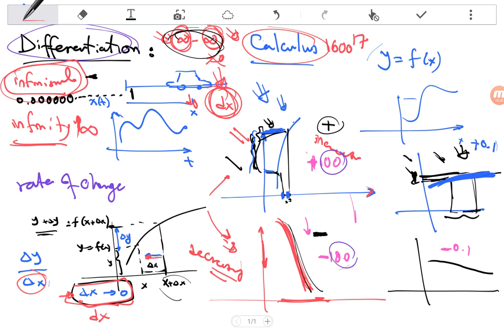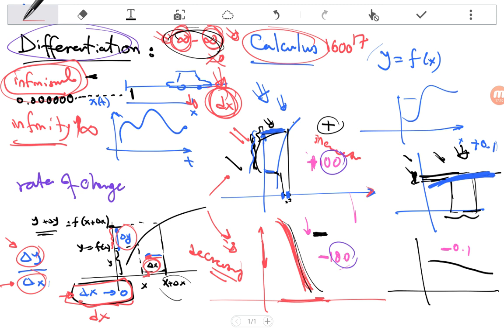So if I consider delta x to be infinitesimal, what would happen to delta y? It would also be infinitesimal. Whenever you make the input less and less, the change in output will also be infinitesimal.